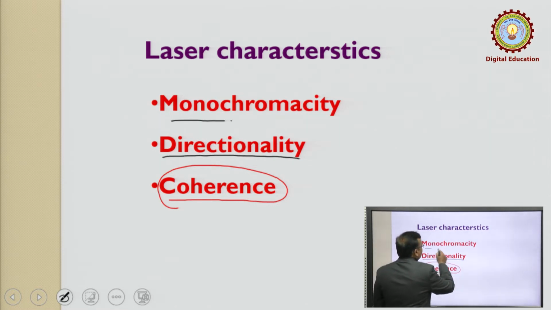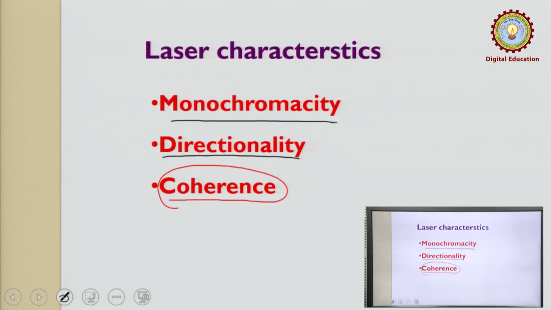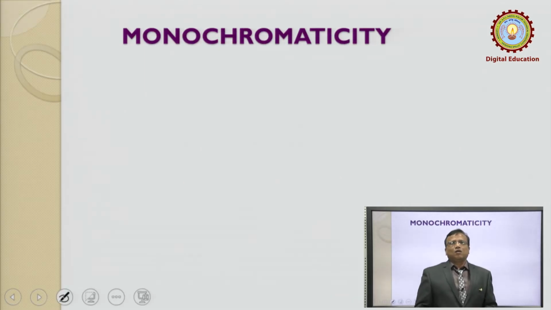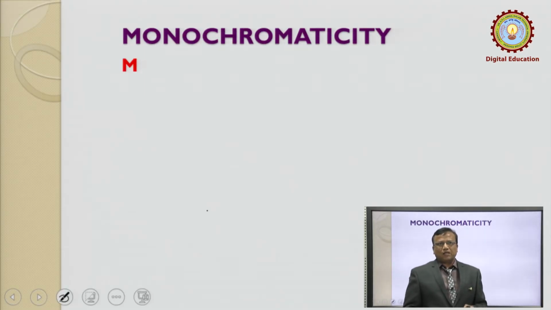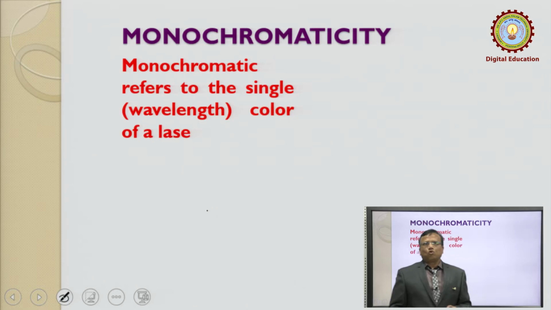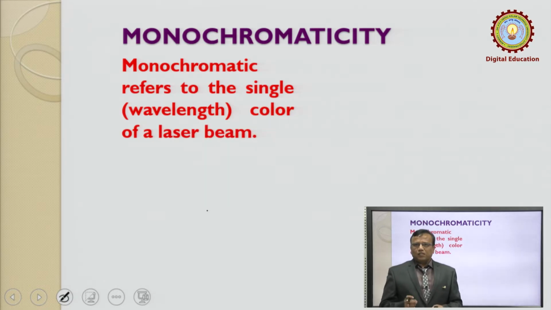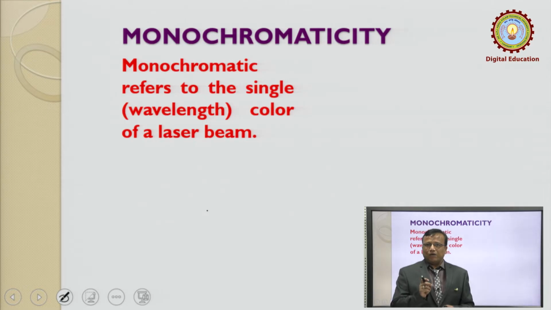Directionality is also useful, monochromaticity is also useful, but coherency is the most useful. So very first we will discuss the first characteristic of the laser, which is monochromaticity. Monochromaticity refers to light which has only a single wavelength, meaning the laser has only a single wavelength.